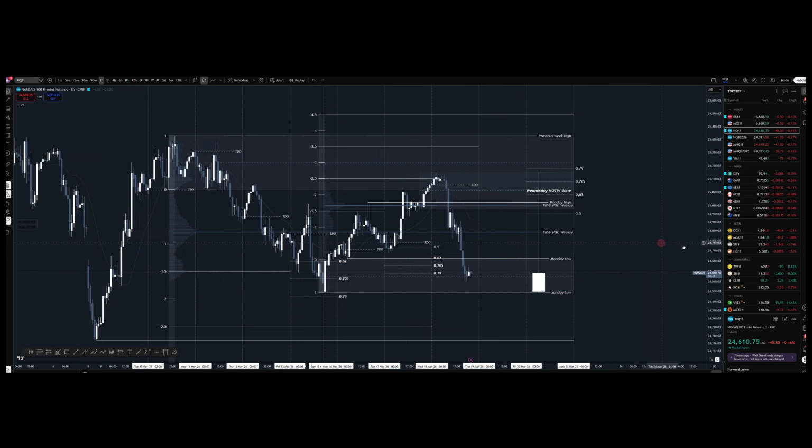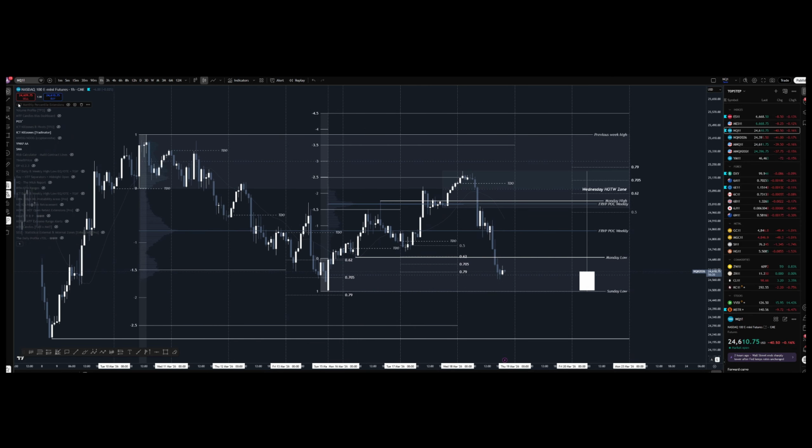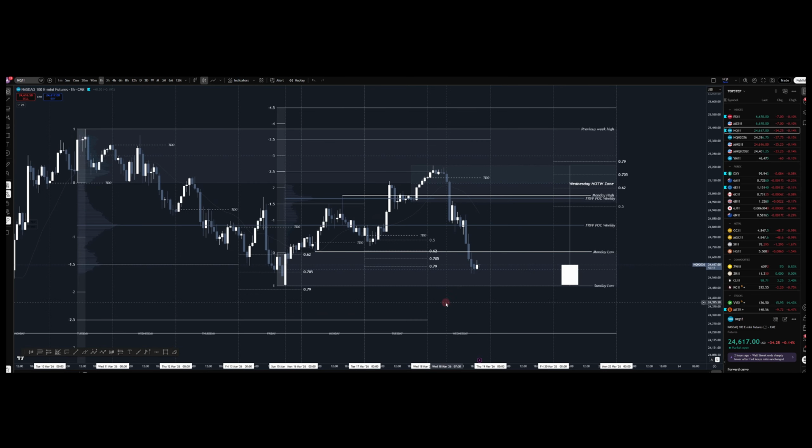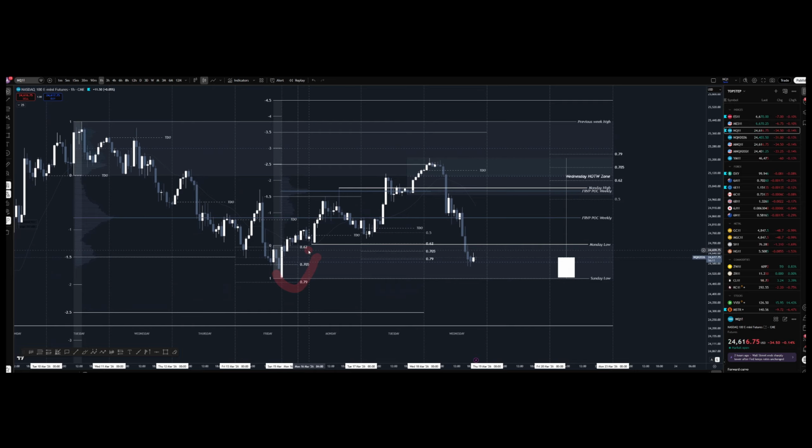So for the weekly, if we just put our days on, this one, this one. We started off with a Sunday low of the week, come back up, bullish Monday, come back to OTE to push up, and now we've got our break, new zone here.